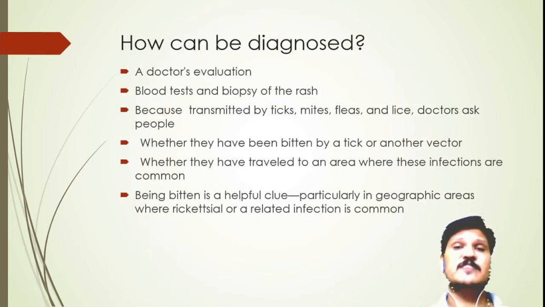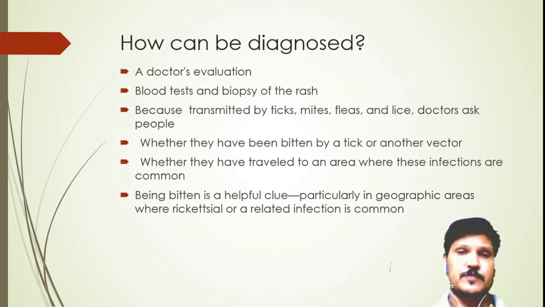How can the disease be diagnosed? A doctor can easily identify it by seeing the symptoms, and for confirmation, a blood test and a biopsy from the rash are taken. Because it is transmitted by ticks, mites, fleas and lice, the doctor asks people whether they have been bitten by a tick or another vector, and whether they have traveled to an area where these infections are common.